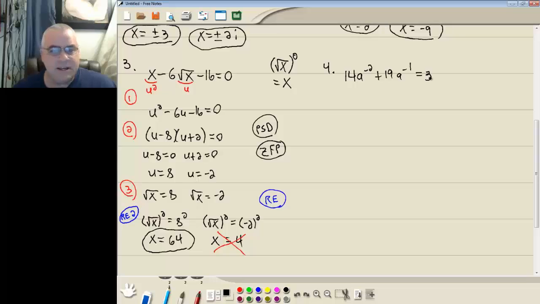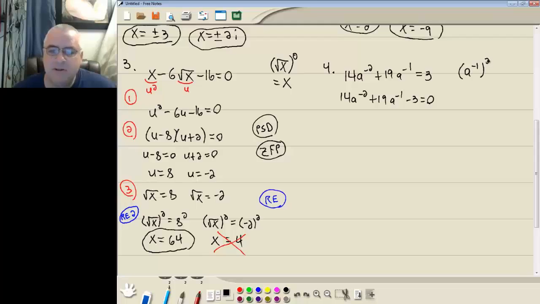It doesn't have 0 on one side, so I can take 3 over, though. So I got 14a to the negative 2 plus 19a to the negative 1 minus 3 equal to 0. For the u substitution, you do need 0 on this side. Okay, now we're assuming that our middle part here, the a to the negative 1, is going to be our u, but let's double check that.